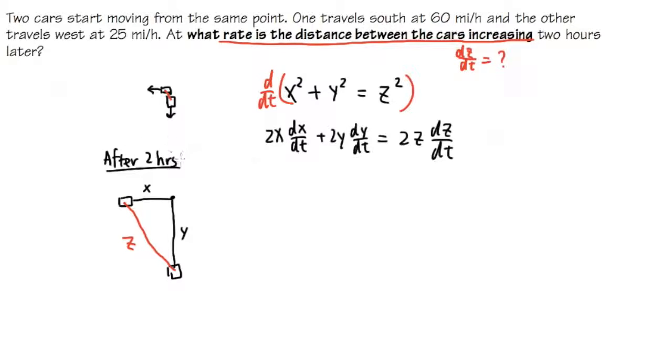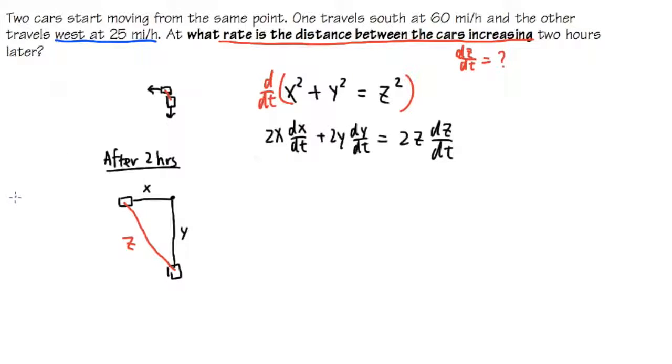Okay, so let's see if we can figure out x. Well, right here, x is this car that's going to the west, right? And x is the actual distance. Well, how long is this? We know the car that's going west is going at the speed of 25 miles per hour.